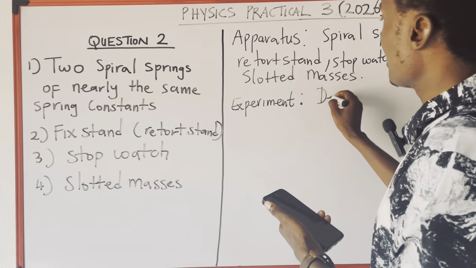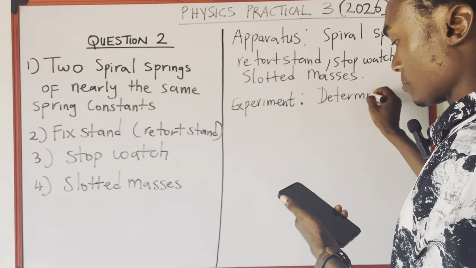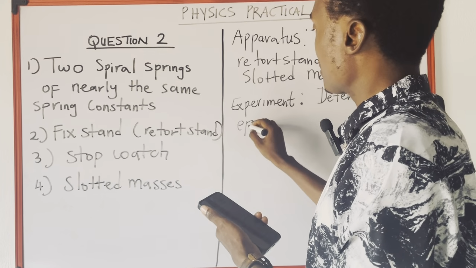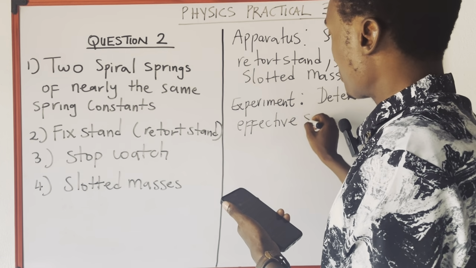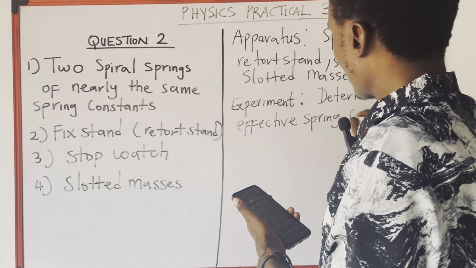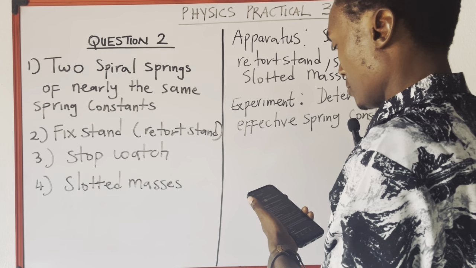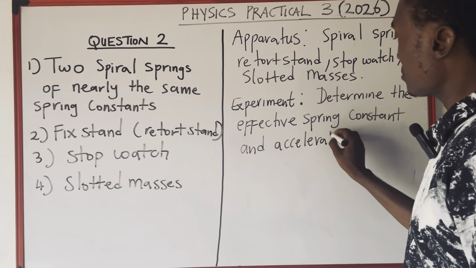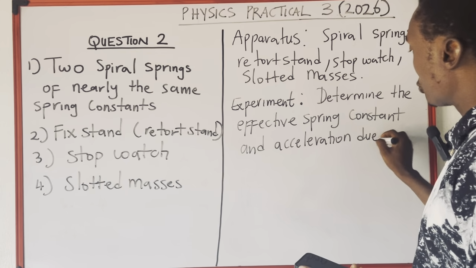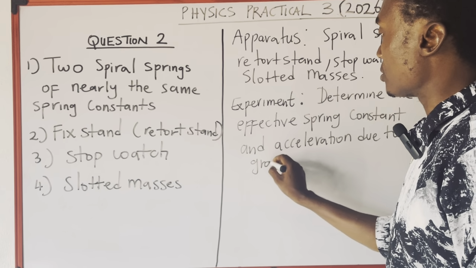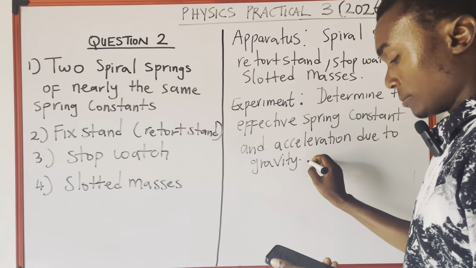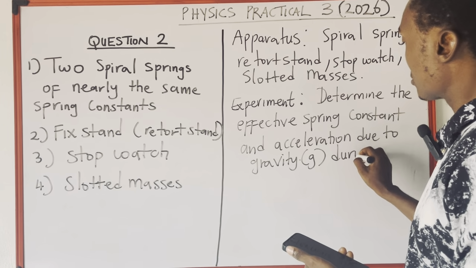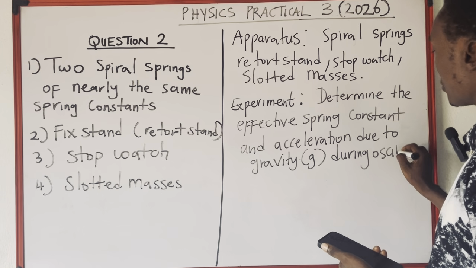It's going to be: determine the effective spring constant and acceleration due to gravity, which is g, during oscillations.